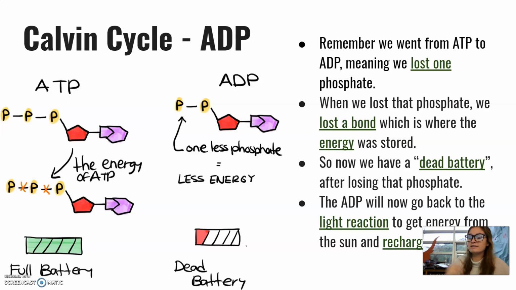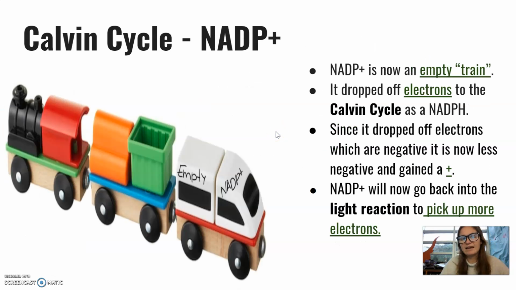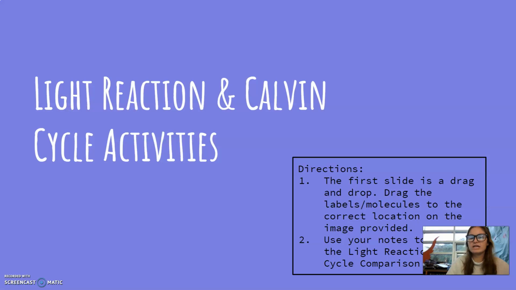Okay, so it's that constant cycle. When I go home, I charge my phone. When I wake up the next morning, I can use it. I can text so-and-so. Then I'm texting so much that my phone dies. Then I go and recharge it. Then I can use it. Constant cycle. That's what we see this ADP and the NADP plus doing, is they're just being sent back to the light reaction to pick up more electrons or more energy.